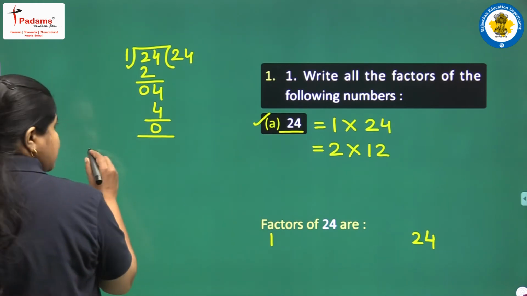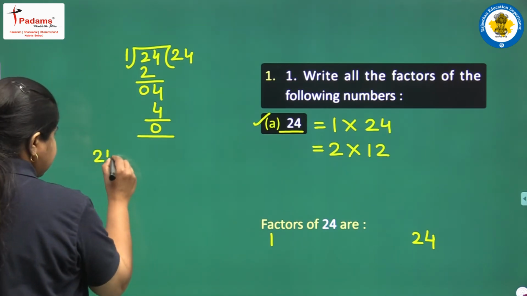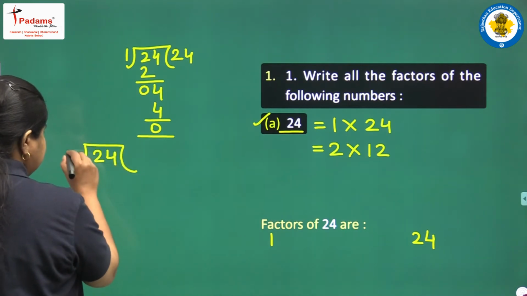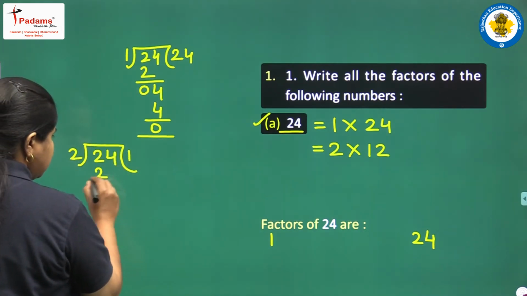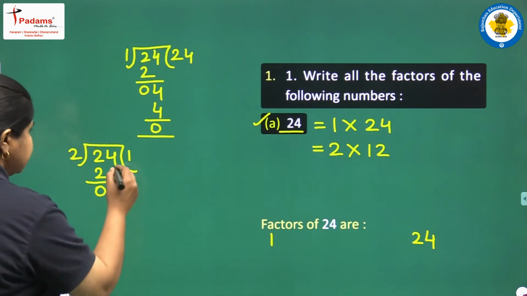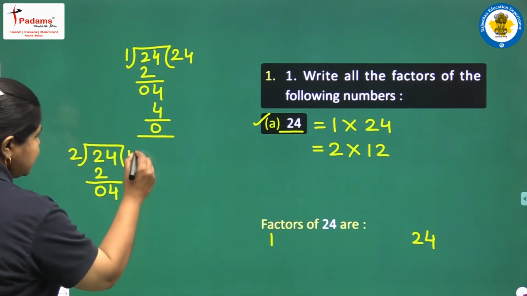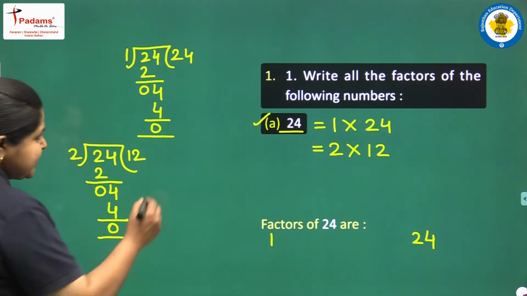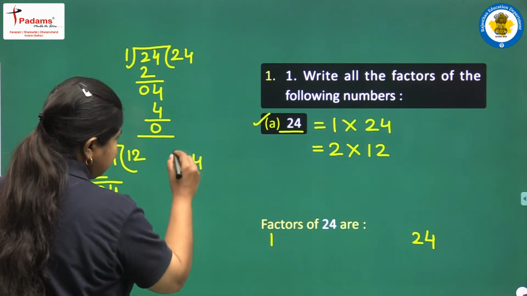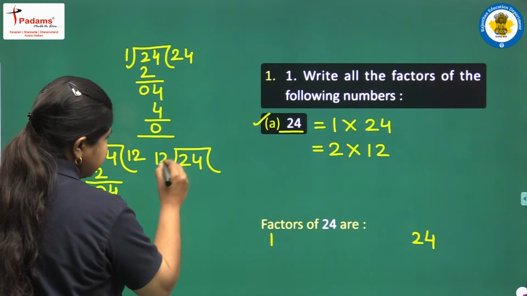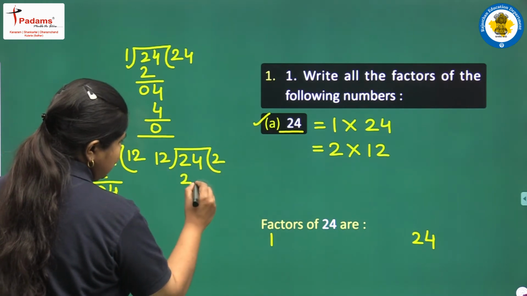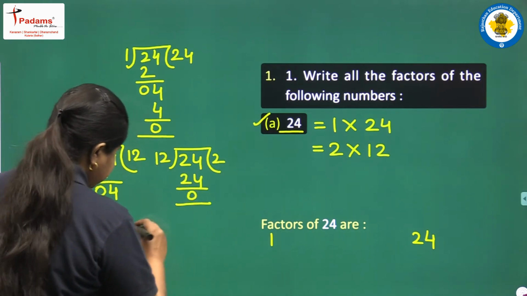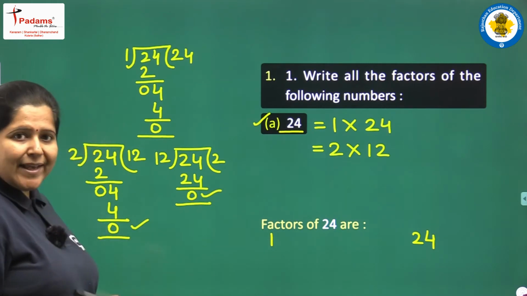Let us do it also just for your checking. 24 divided by 2, it's 2 1s are 2, remainder 0, then 4 left, 2 2s are 4, remainder 0. Similarly, you can divide 24 by 12 also. It's 12 2s are 24, 0. So in both the cases we have 0 as the remainder.